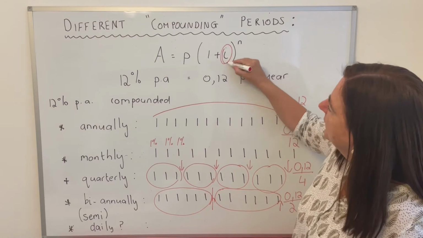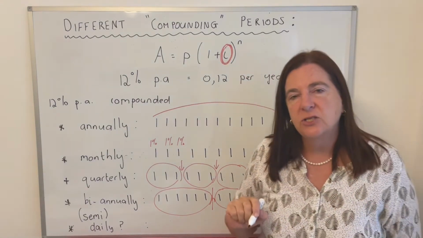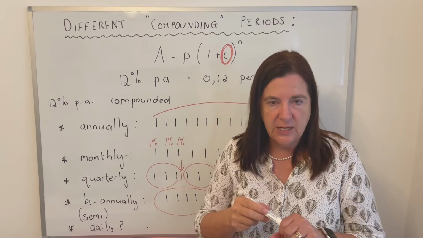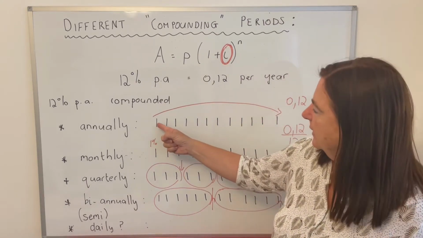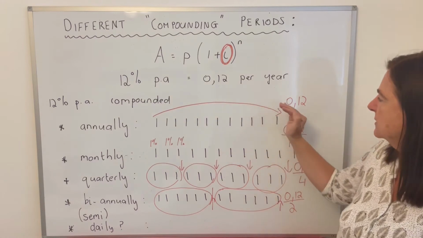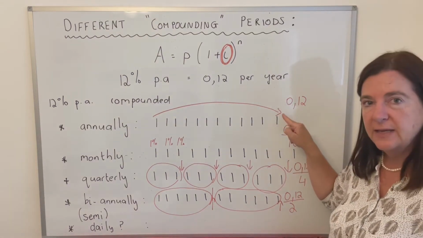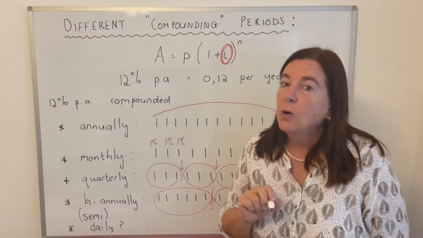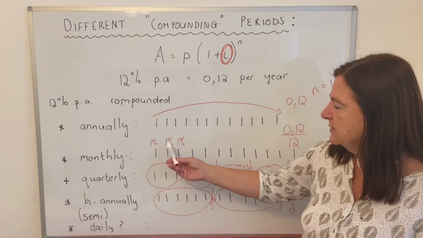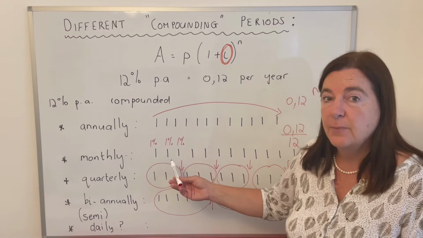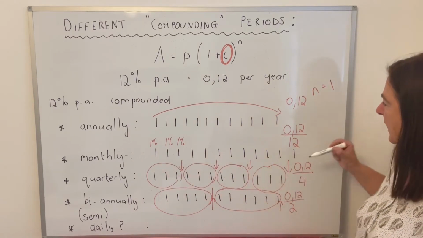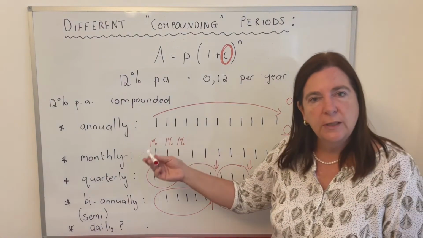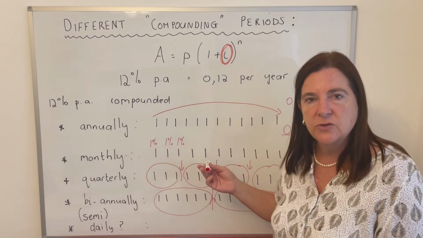We've looked at i. Now, if i changes, surely that means the number of time periods is also going to change. Because in this example, I only charge interest once. 0.12 was charged once at the end of the year, so n would be equal to 1. But what if I charge interest every single month? Then n would become 12, because at 12 different times I'm charging interest.